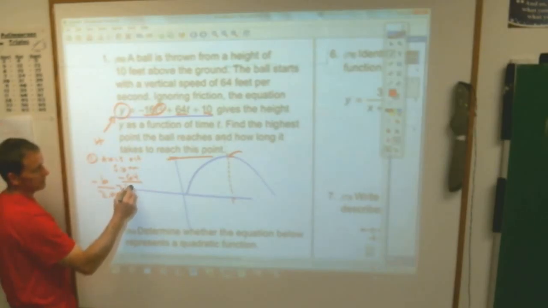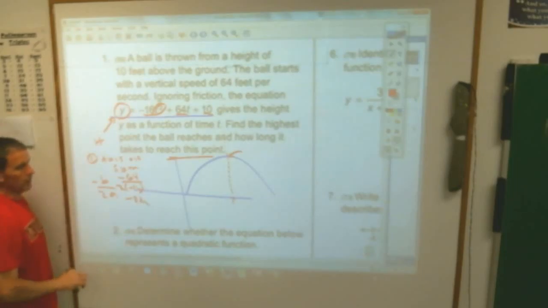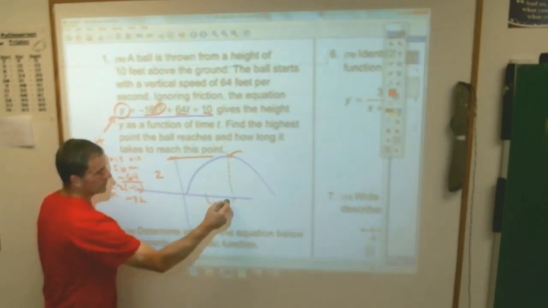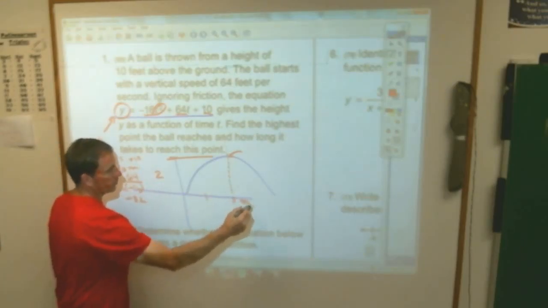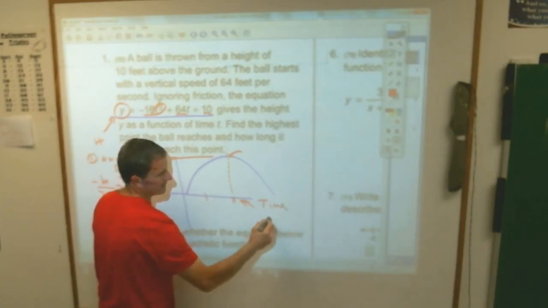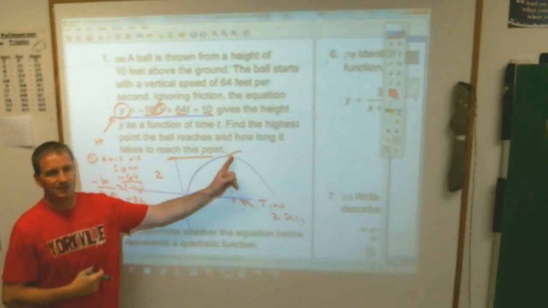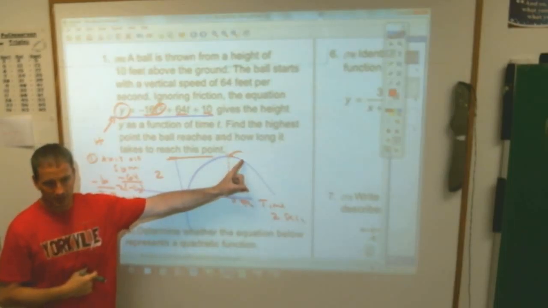What is 2 times negative 16? Negative 32. What is negative 64 over negative 32? 2. That is your time. That's where the 2 seconds came from. This ball achieves its greatest height 2 seconds after he threw it.